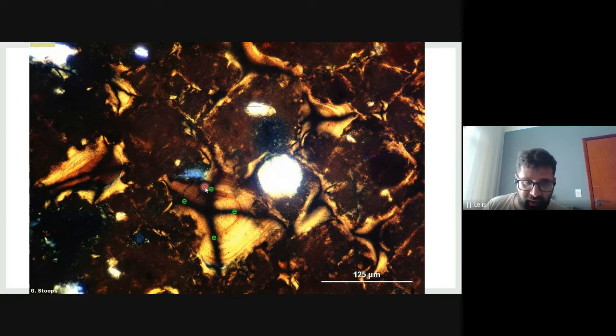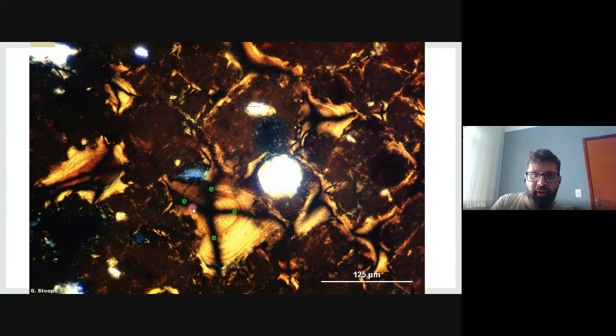In thin sections, every time that I can see these black lines that we call in micromorphology extension lines, these extension lines show that all material was deposited in the same direction.